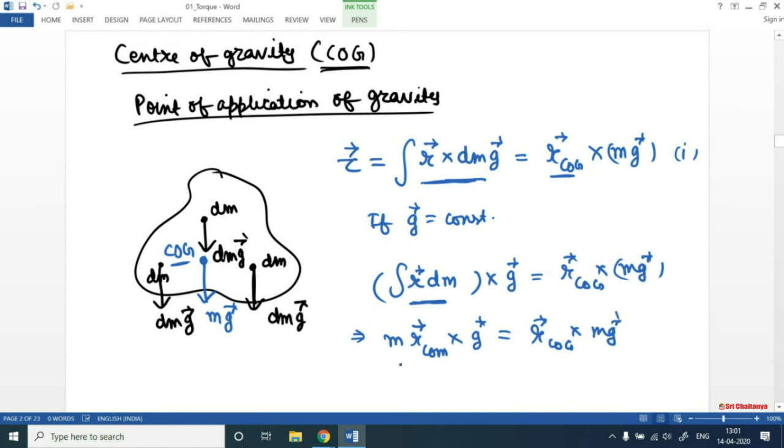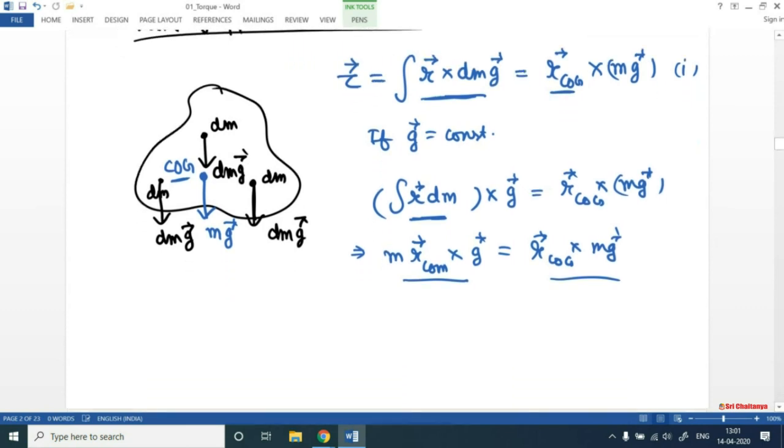So just by comparing the left hand side and the right hand side of this equation, we can very well see that if g is constant, then only r com will be equivalent to r cog. So this is a wonderful result for us.